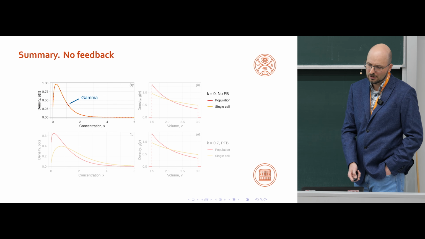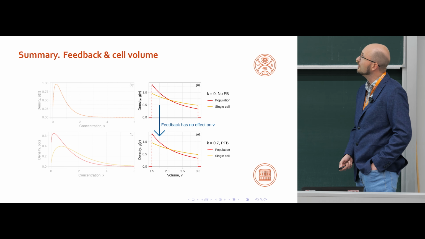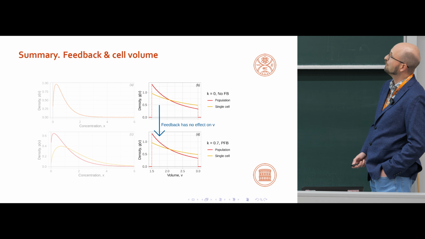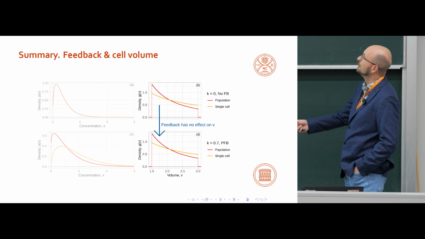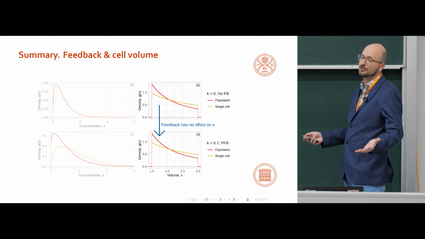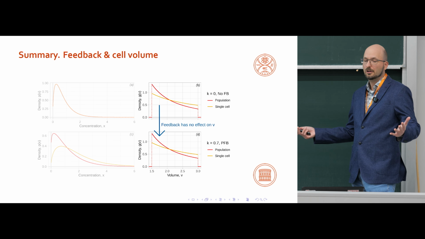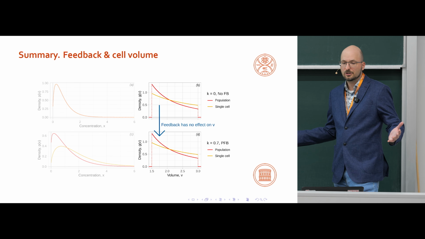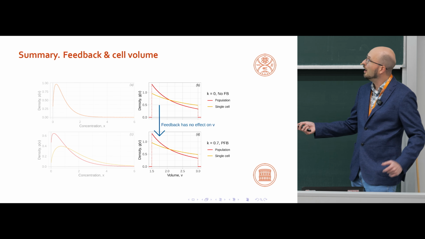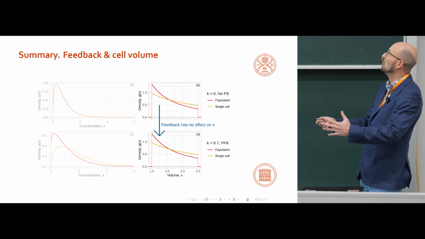On the right, there's the distribution of volume. Here you have a different distribution in the population case and a different distribution in the single cell case. Essentially, when you look at the population case, the population has more small cells.